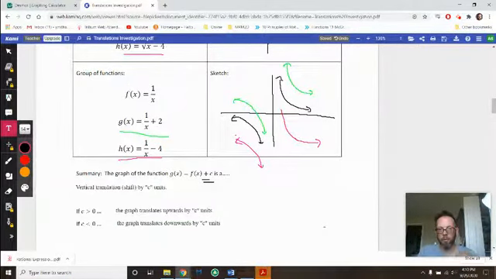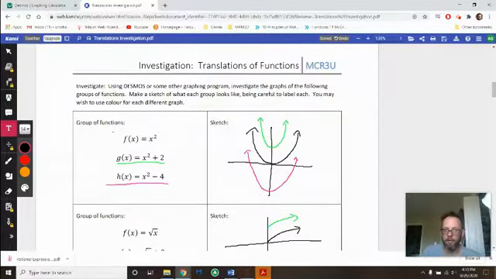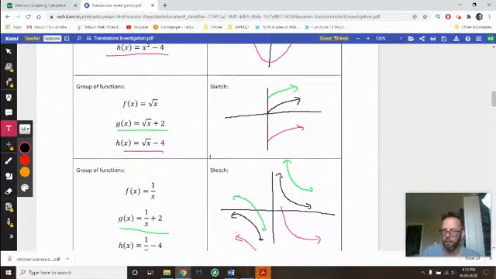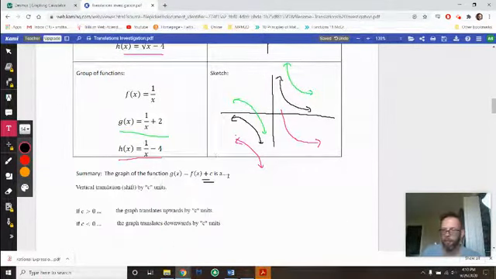Hopefully that's not surprising to you from last year. Last year, you did this very thing only with quadratic functions, but the same rule applies with any function, and hopefully you're convinced of that. Adding a number on the end of a function will shift that base function up or down.